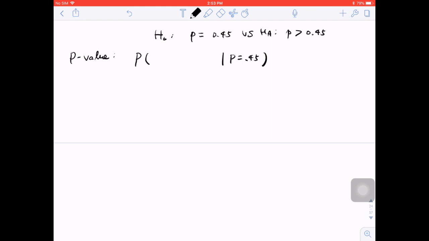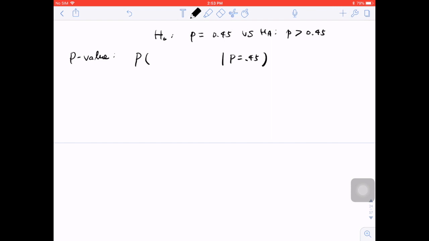So in this specific example, our null hypothesis is the population proportion is equal to 0.55, versus its alternative hypothesis P is larger than 0.45. So the corresponding p-value is the probability, under the condition that the null hypothesis is true, meaning P is equal to P0, which is equal to 0.45, right?